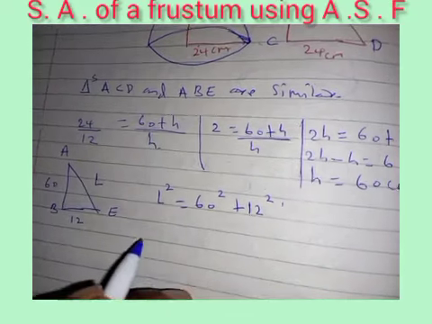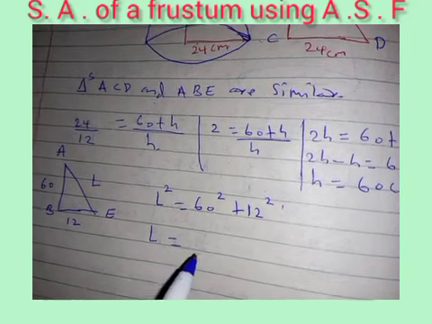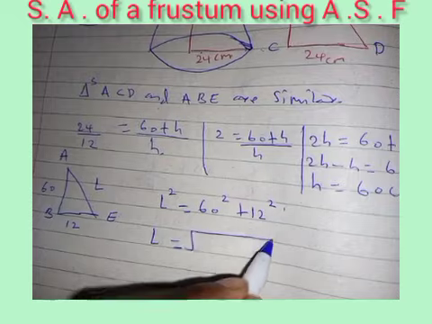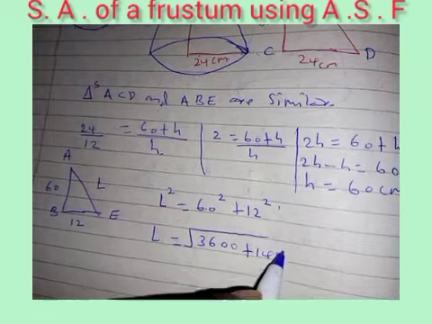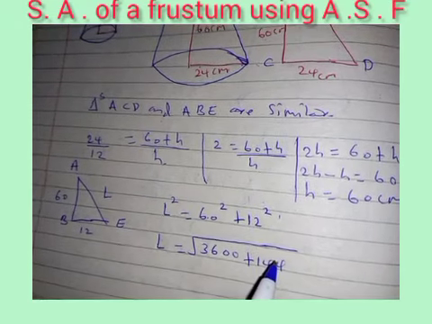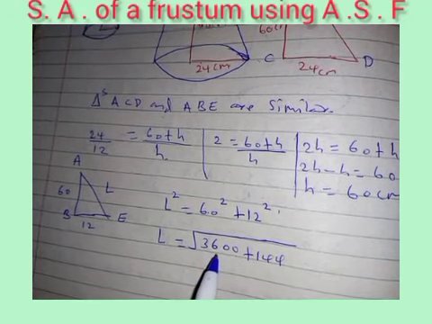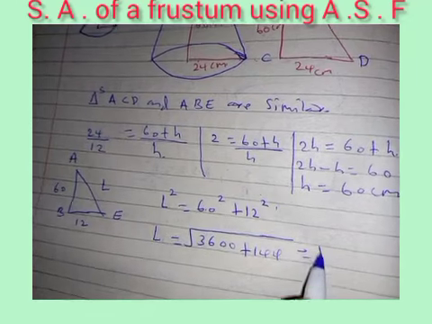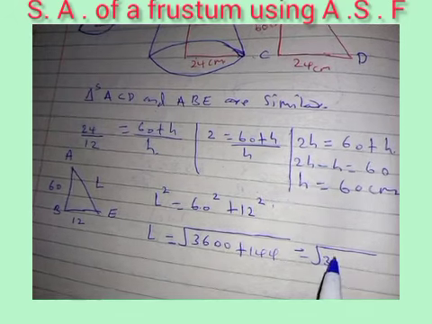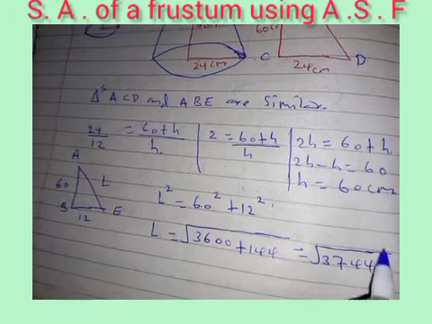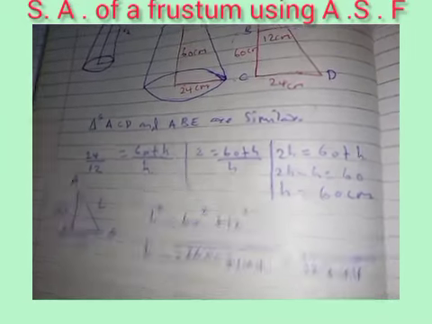The objective is to obtain L. So L will be given by the square root of 3,600 when you square 60, plus 144. When you add those two, you are going to get the square root of 3,744. Because you are going to use this value, you can just leave it that way without necessarily simplifying.